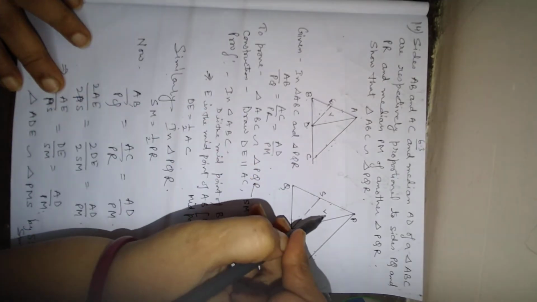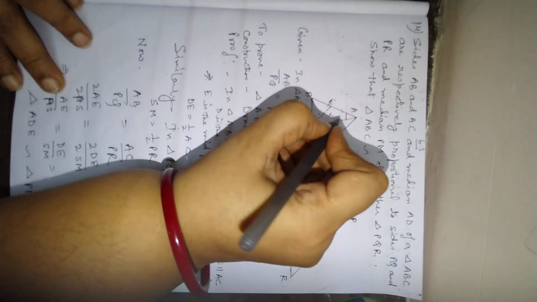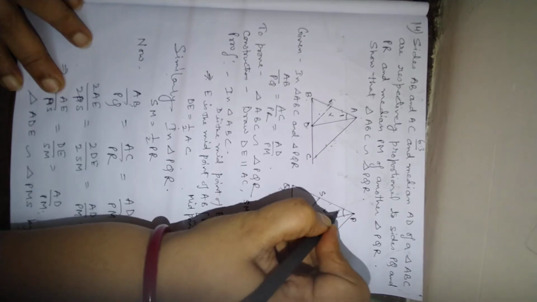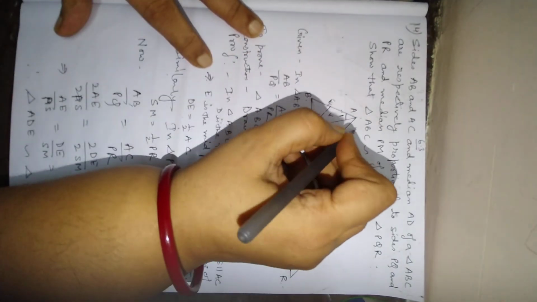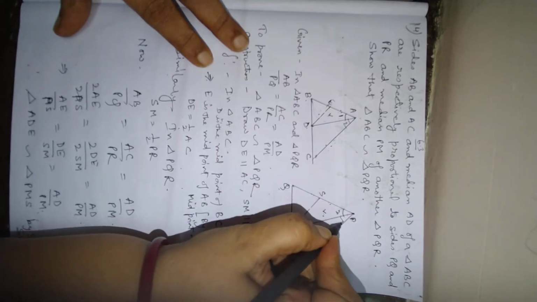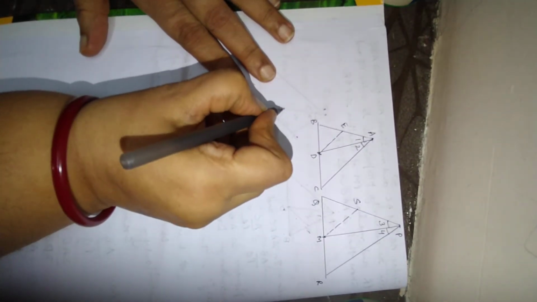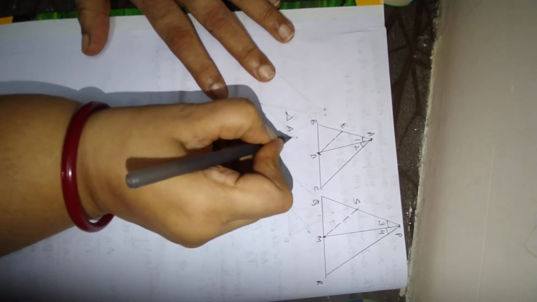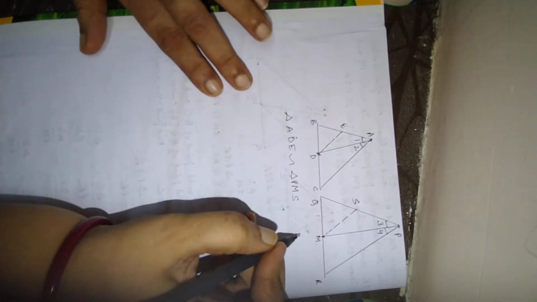Now, when these two triangles are similar, the corresponding angles should also be equal. Let this angle be 1 and 2, meaning these two angles are equal when the triangles are similar. Now, name this angle as 2 and 3. Your triangle ADE is similar to triangle PMS by SSS similarity.